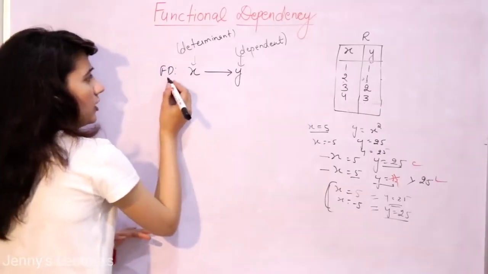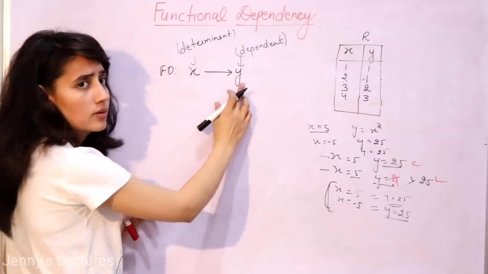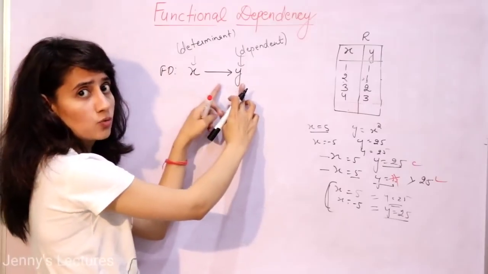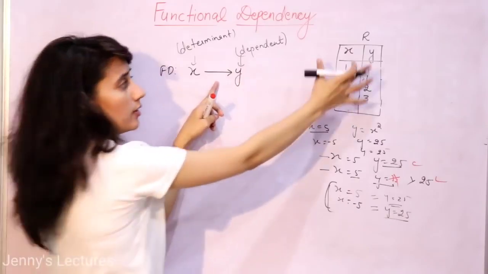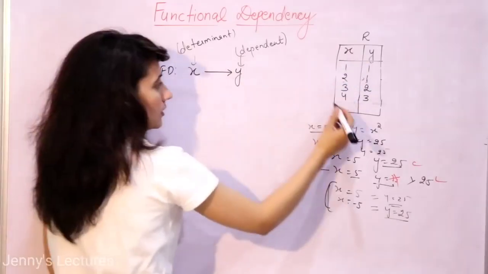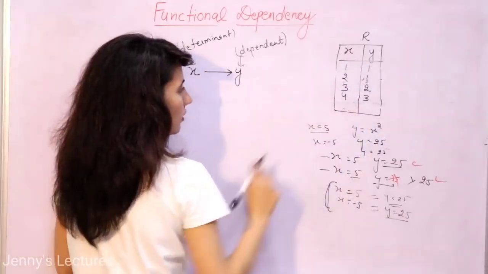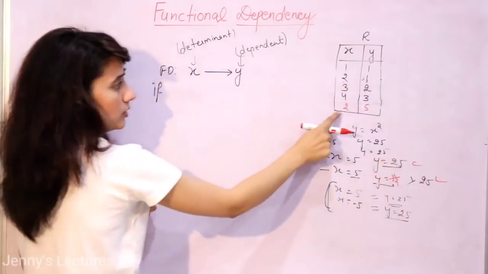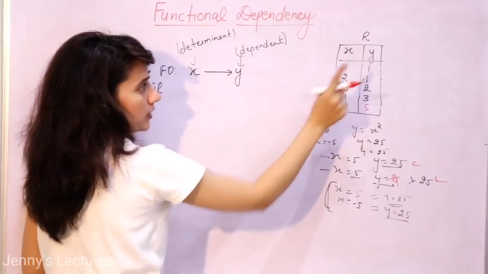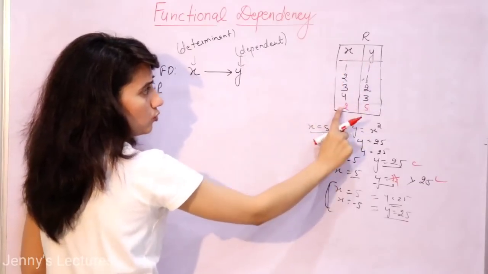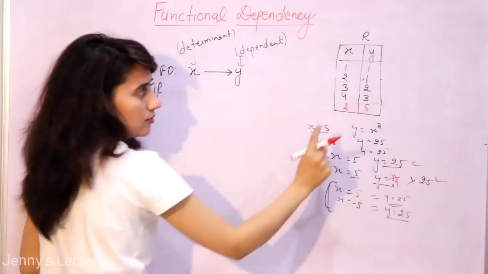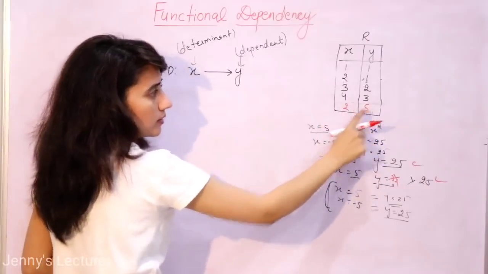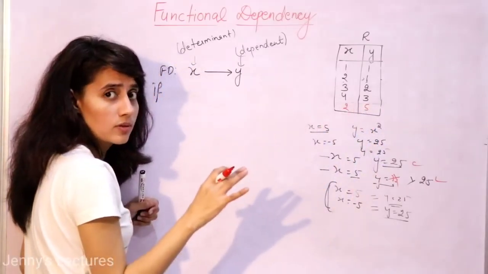Now formally, how to write down the definition of this functional dependency. See, functional dependency x to y means x determines y. This is true on a relation if, see, I am taking the case, here I have 2 and here I have 5. Now see, here x determines y, that is not true because x value is 2 but y value is here 1, here 5. If here I can write 1, then this would be a functional dependency, right?